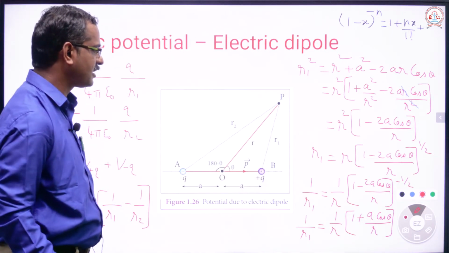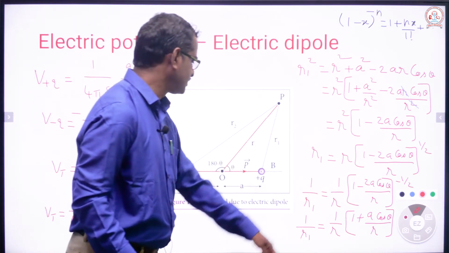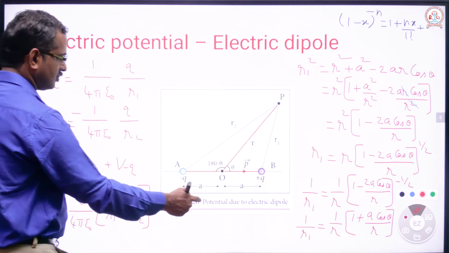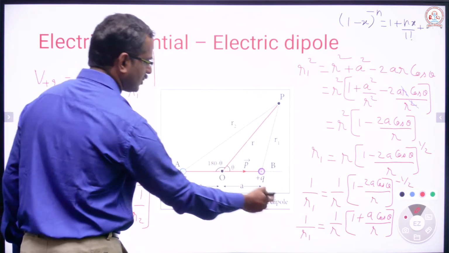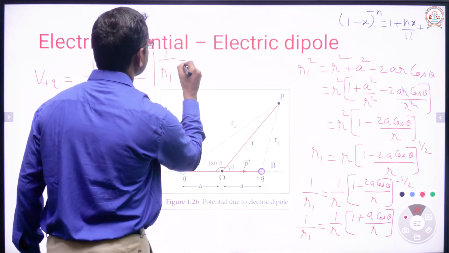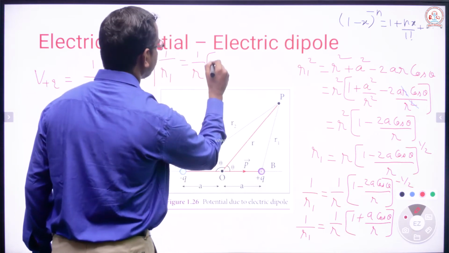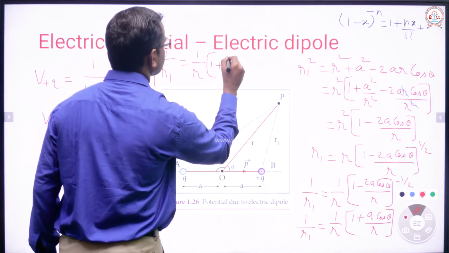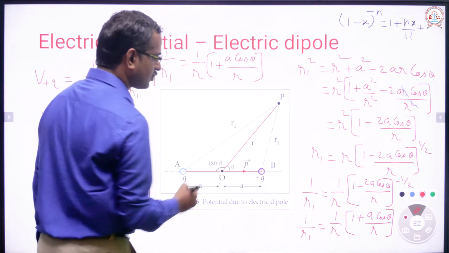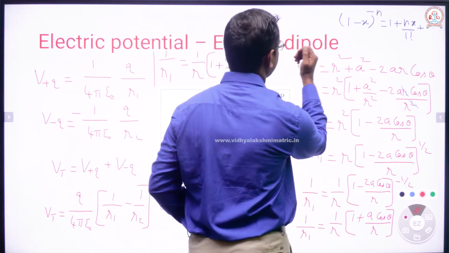Let us note this down here. This is what we got. Similarly, we can find out the value for 1 by r2.